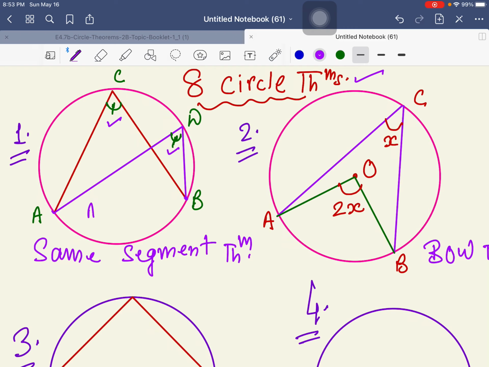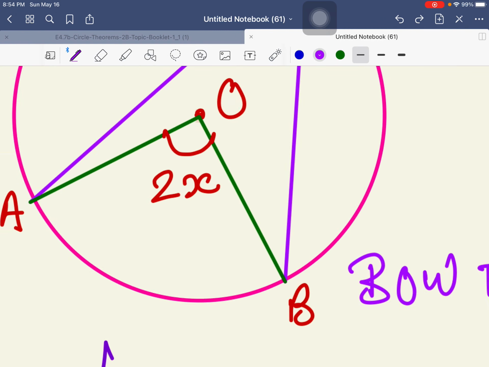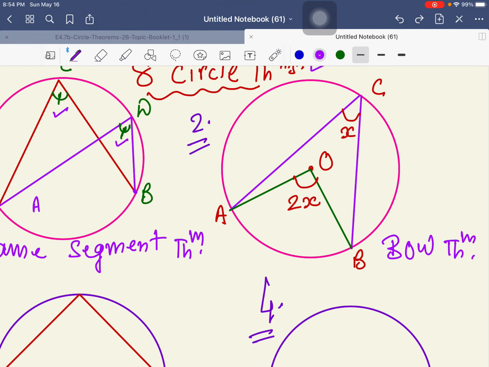Second theorem is called the bow theorem, necktie bow theorem. Bow theorem states that from an arc, the angle subtended on the circle, in this case ACB, and the angle subtended at the center of the same circle, AOB, are connected.